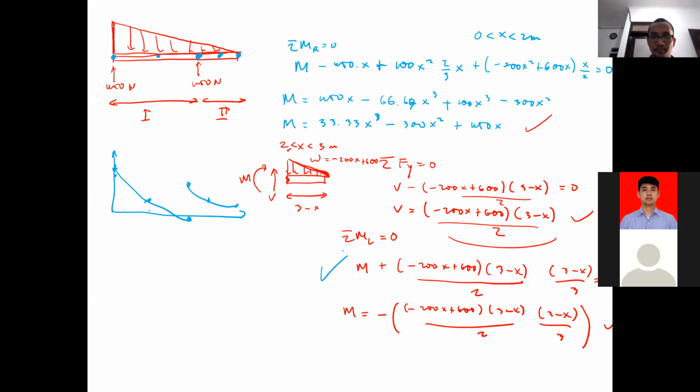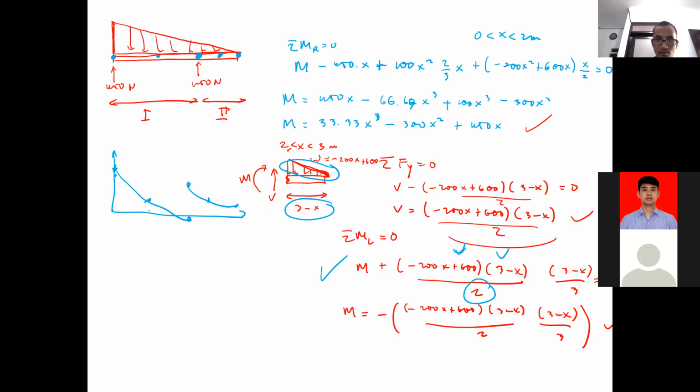Okay, so to find the moment, because the moment is W multiplied by the area, so W multiplied by the length. This one is a triangle, right? Yeah. So I multiply this with 3 minus X, which is the length, and then divide it by 2. So it will be the area of the triangle here. So it's a force, right?